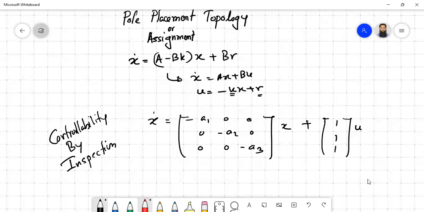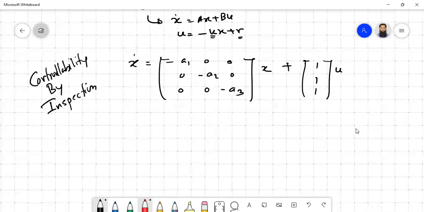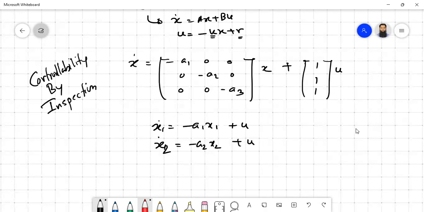Now if you write the equations, x1 dot equals minus a1 x1 plus U. So x1 dot is only dependent on the x1 variable, which is why they are decoupled. x2 dot equals minus a2 x2 plus U, and x3 dot equals minus a3 x3 plus U. So each and every state is controlled by the input U.